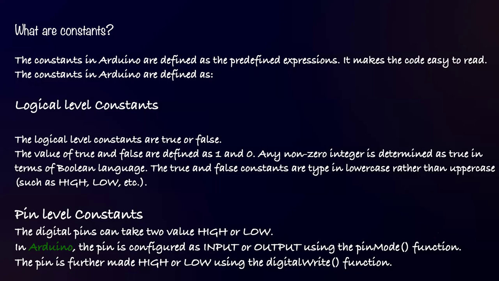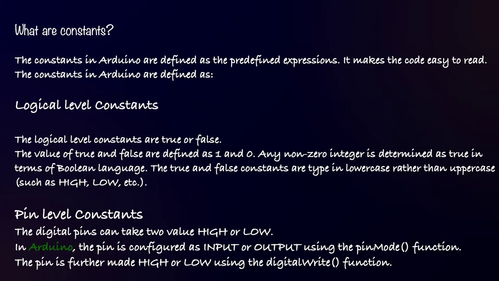If we define an expression prior to initiating the program, that's called a constant. It makes the code easy to read. The constants in Arduino are defined as logical level constants and pin level constants. We'll be going into details of it.